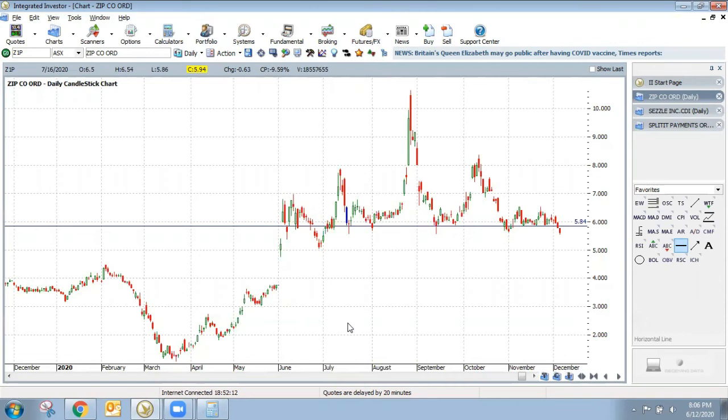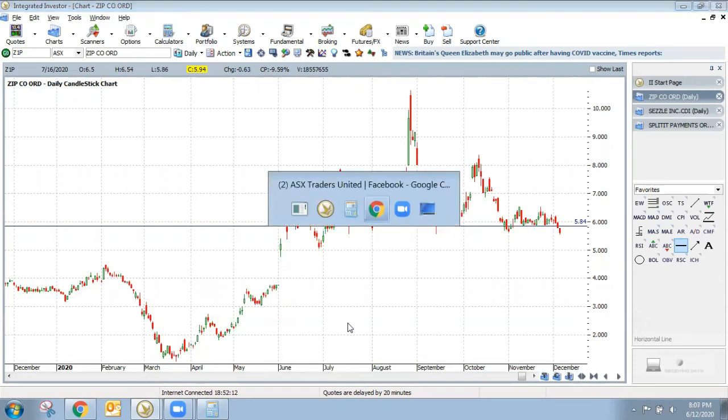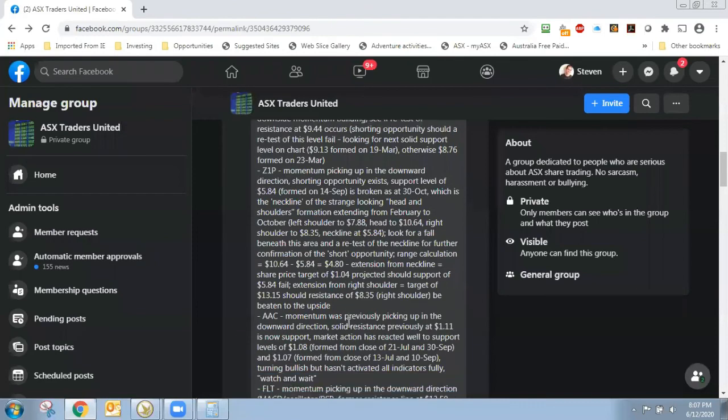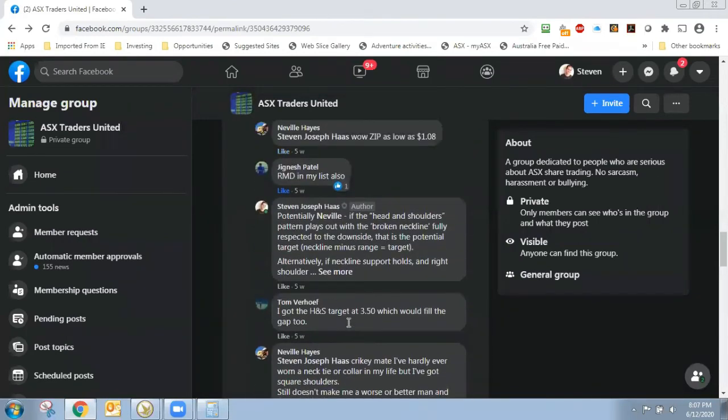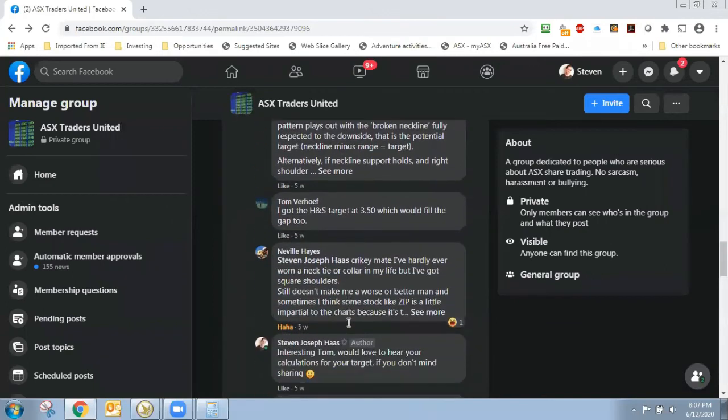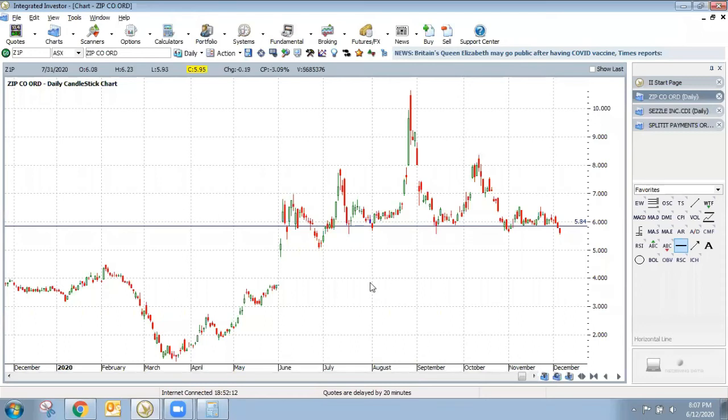The alternative hypothesis presented by Tom during that particular discussion was a little bit more conservative, and there's nothing wrong with that. Everyone has their own different ways of being able to look at things. His target was about $3.50, and the way that that was particularly calculated was looking at the lower shoulder, and the lower shoulder there is $7.88, and taking that and projecting that from the neckline.